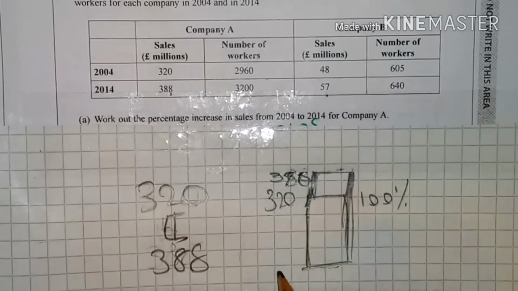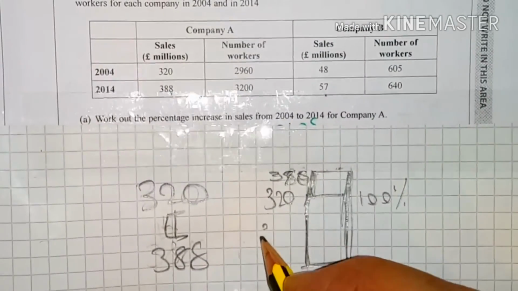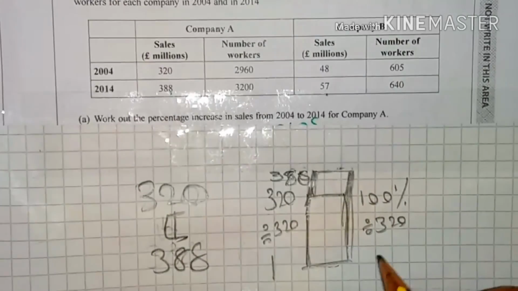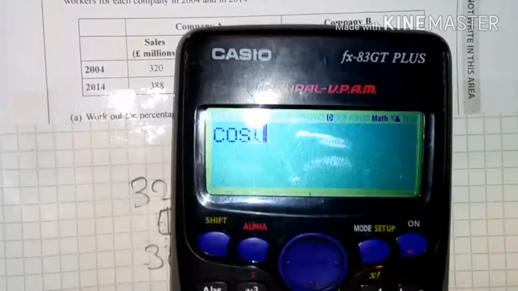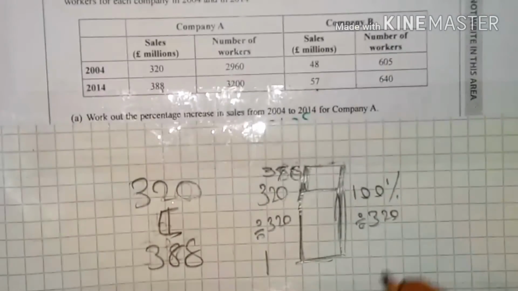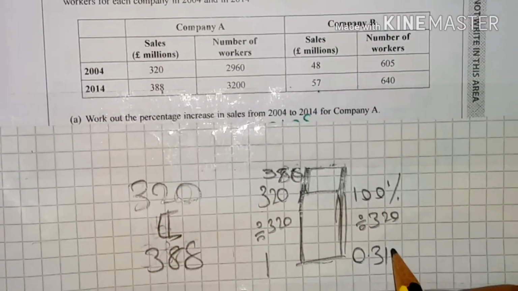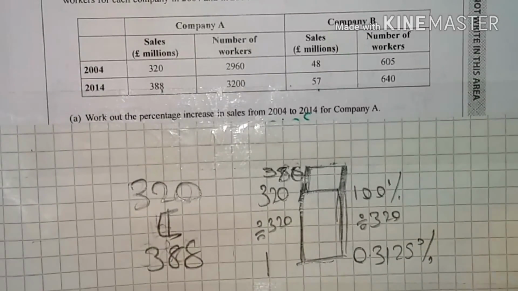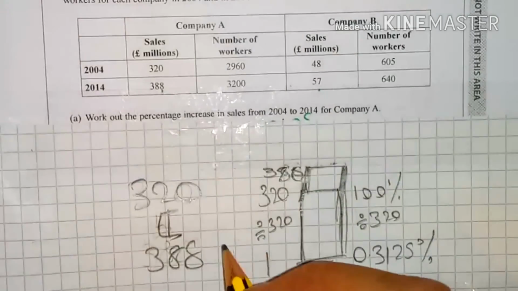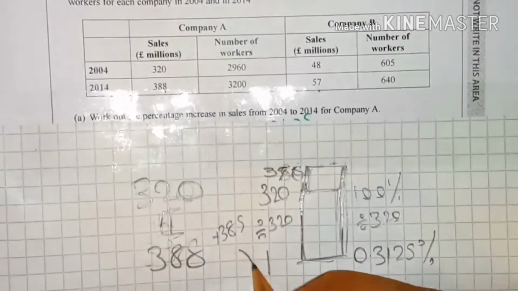What I'm going to do is work out what 1 is, and we'll do that by dividing by 320. This side I've got to do the same, divided by 320. So 100 divided by 320 is 0.3125%. So 1 is 0.3125%. We don't want 1, we want 388, so I need to times it by 388.